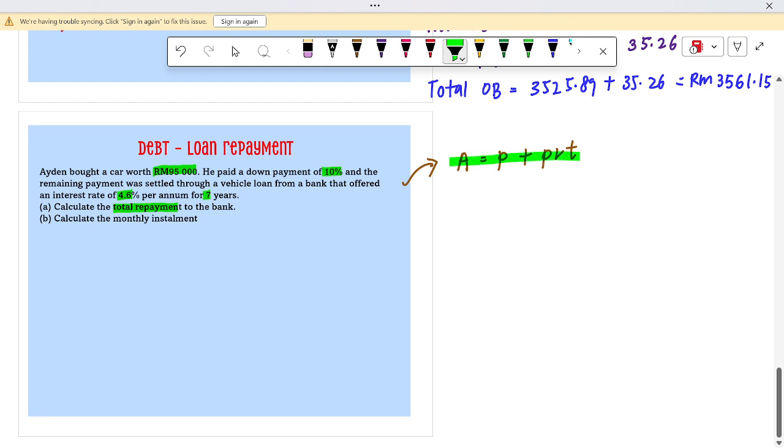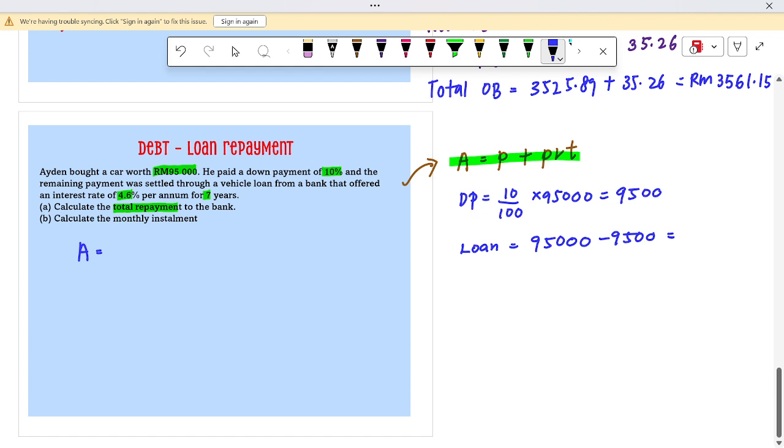So this is your formula for total repayment. So A equals, your principal will be, first you need to calculate your down payment. Your down payment is 10% of 95,000, which will be 9,500. So your loan will be 95,000 minus 9,500, which will give you 85,500.